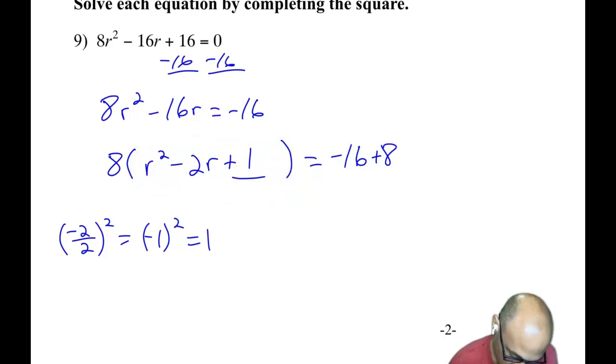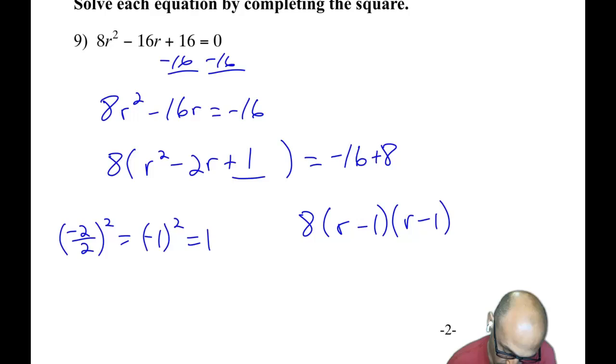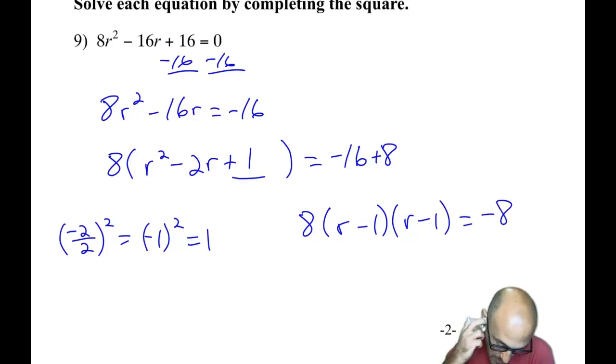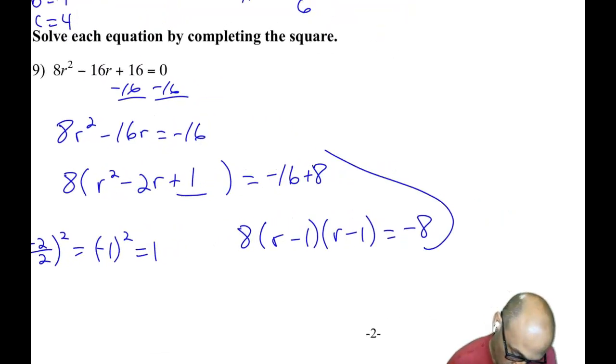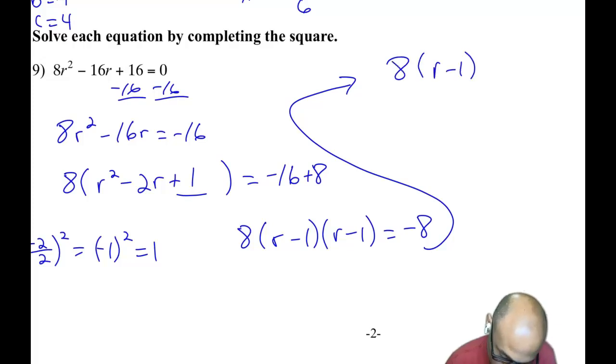Now, my next step is going to be to then factor this. So I have 8 times the quantity r minus 1 times the quantity r minus 1 equals -8. And now I'm going to go up here. So I have 8 times the quantity r minus 1 squared equals -8.